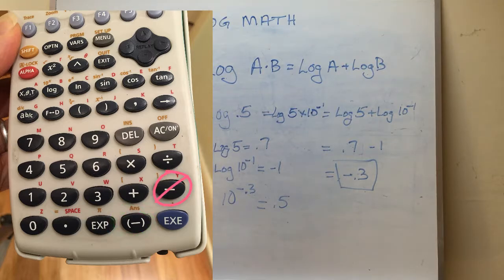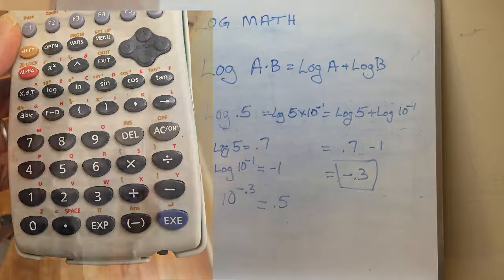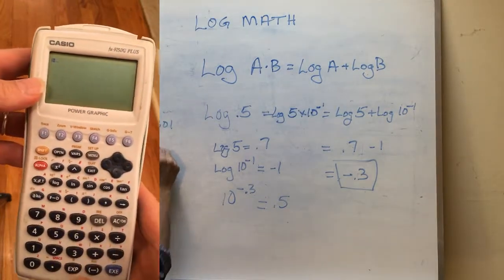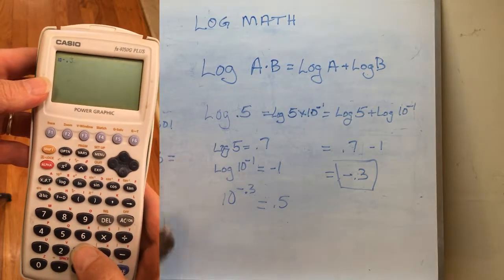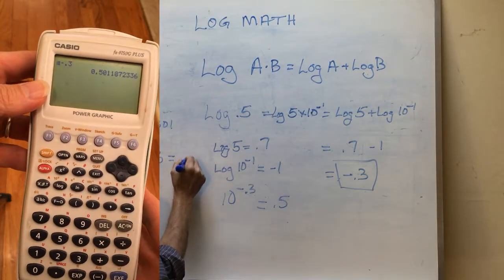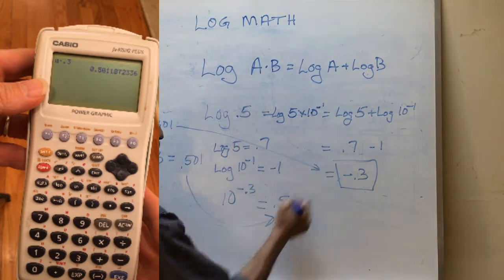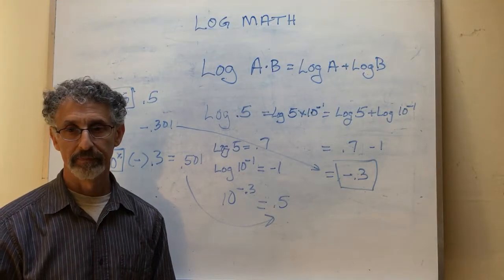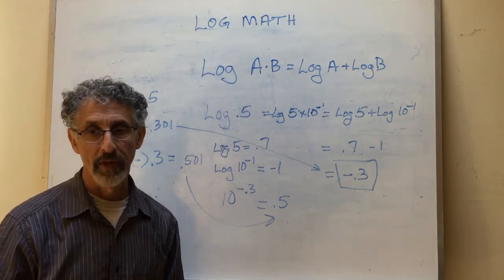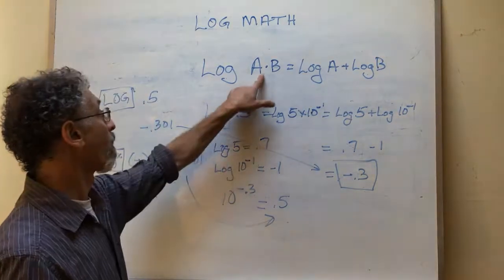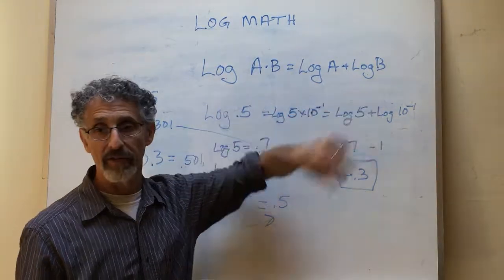So then what you're going to do is 10 to the x of minus 0.3. That should give you an answer of 0.501. So remember, when finding the log of numbers you're multiplying, you add the logs.